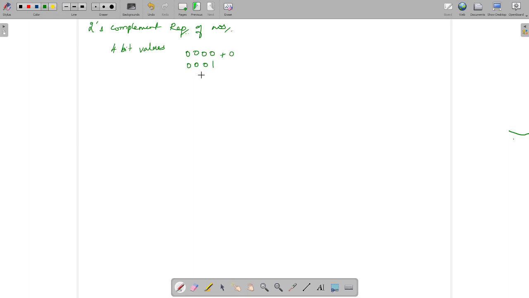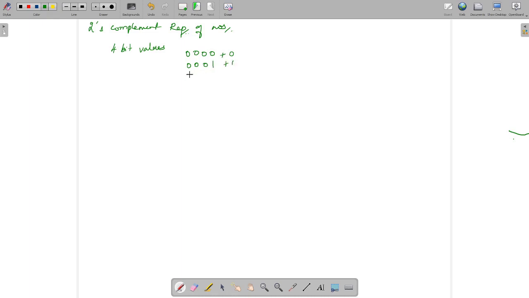Whereas in the previous case, in the sign magnitude representation, we had explicitly taken the MSB as the sign bit. Here, if you look into the 2's complement representation, this last bit will automatically get changed into minus when we start writing the negative values. So let's see how it is happening.